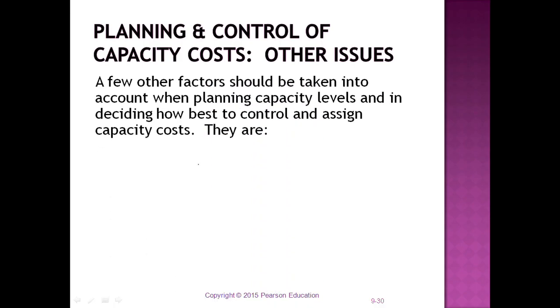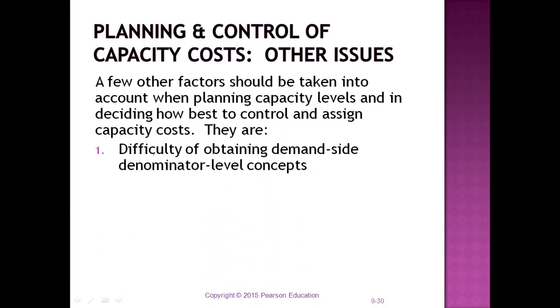There are some other issues which we can also have a look at. First thing is the difficulty of obtaining the demand side denominator capacity level concept. Though we say that the master budget capacity level would mainly depend on the demand side, because if you remember in the master budget chapter we said that your master budget begins from your revenue budget, meaning that first thing you have to do is identify how much is the demand for your product at the end of the upcoming period.